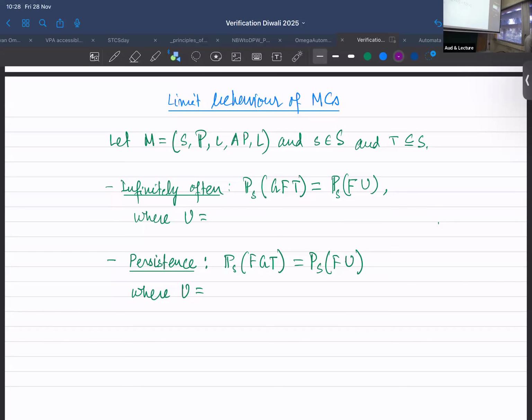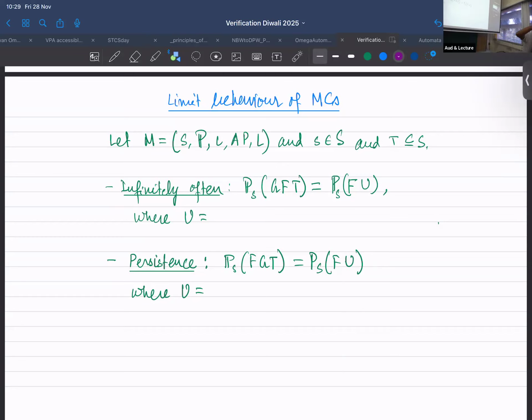So if I now have to talk about some behavior in the long run, for example, infinitely often something is going to happen, or a prefix independent property, which doesn't depend on the initial prefix of the run, so eventually something is going to happen.